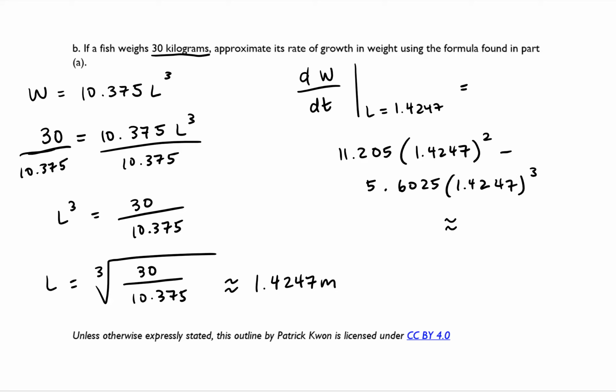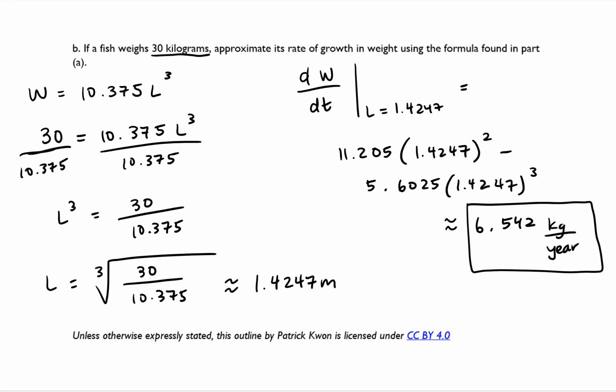And if you throw that into your calculator, that is approximately 6.542 kilograms per year. So that is the rate of change if a fish weighs 30 kilograms.